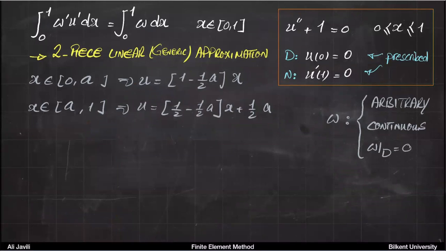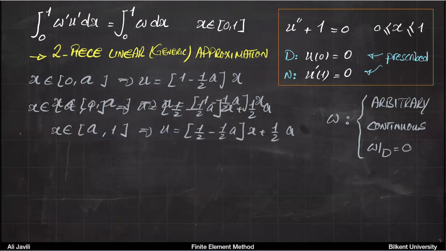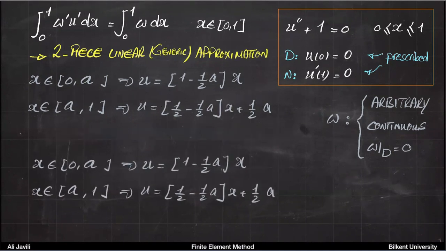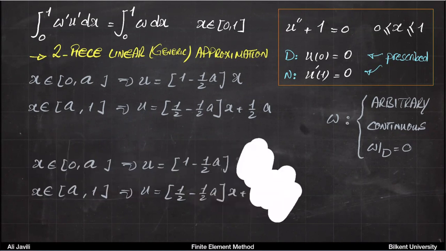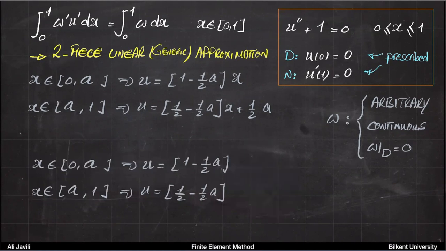In other words, if I just take this generic solution and duplicate that, then you can show that u prime for each part is calculated like this.